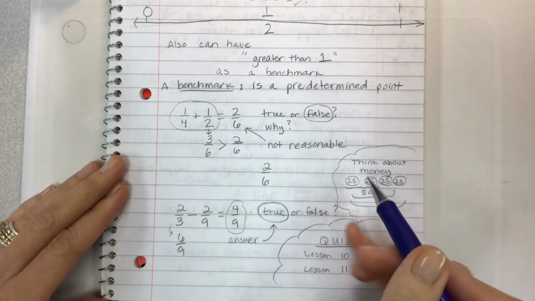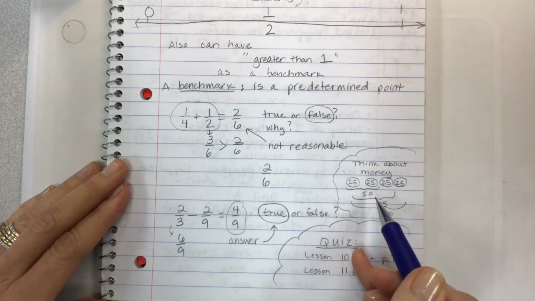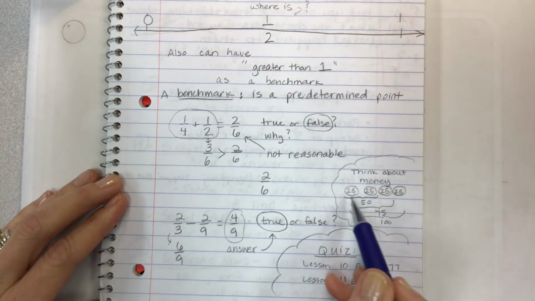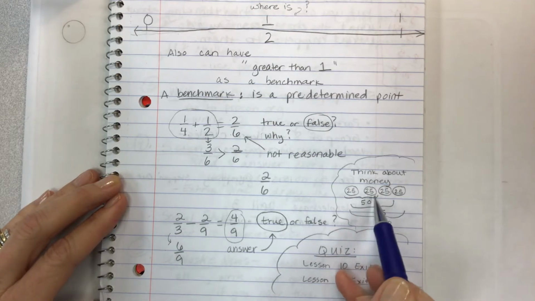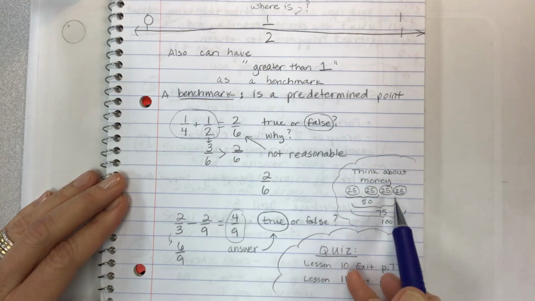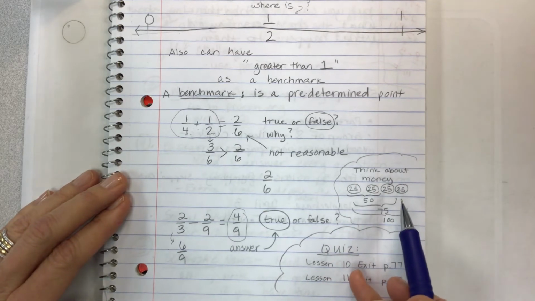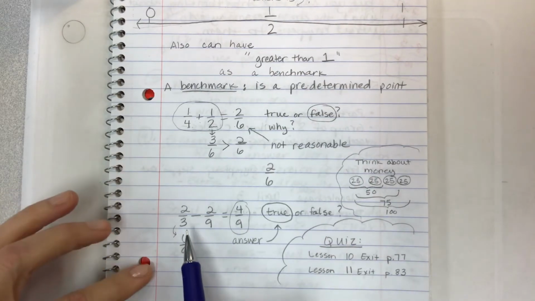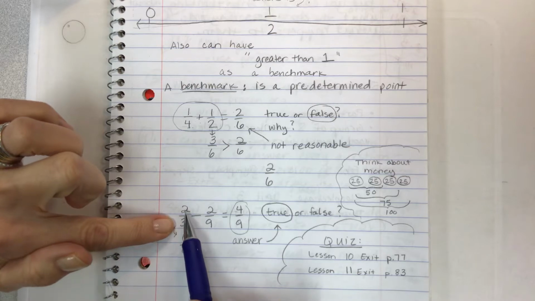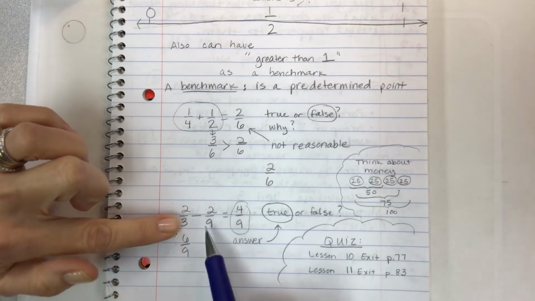Another helpful tool is to think about money and quarters, breaking up $1 into 4 pieces, 2 pieces being 50 cents, 1/4 of them being 25. Great tool to help you think about reasonableness. Also, in subtraction, looking at a fraction like this, 2 out of 3 parts is almost the whole thing.